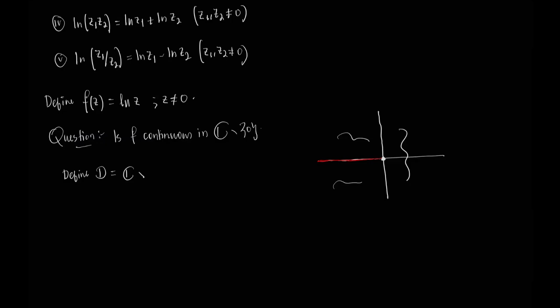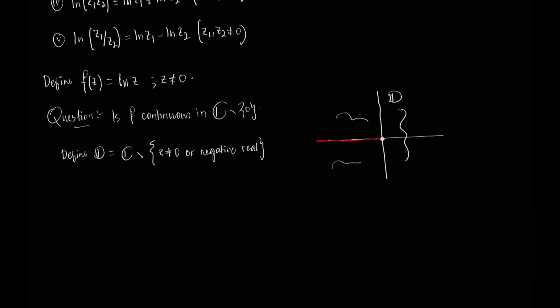So I will define it like this: C minus, so z is not equal to 0 or a negative real. This is our D, the new domain, which is all the points in C minus exactly this axis along with 0.